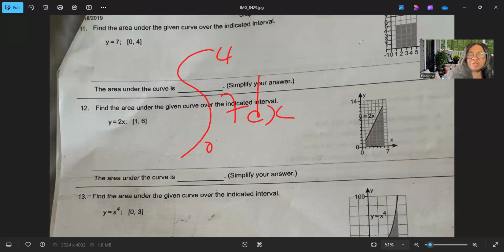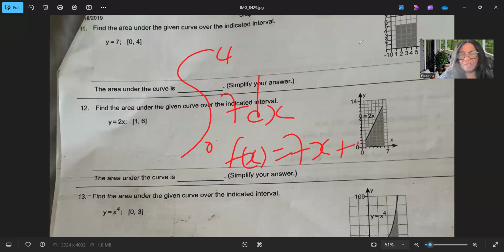When I integrate the function, I have f of x equal to 7x plus c. Because it's a definite integral, I don't need to put c there. Even if I put c, I'm going to subtract it out. Okay, using the first fundamental theorem of calculus, I can just say 7x from 0 to 4.